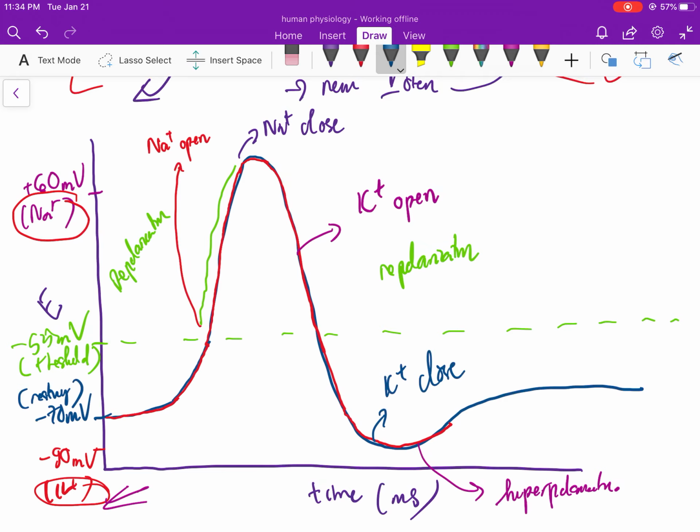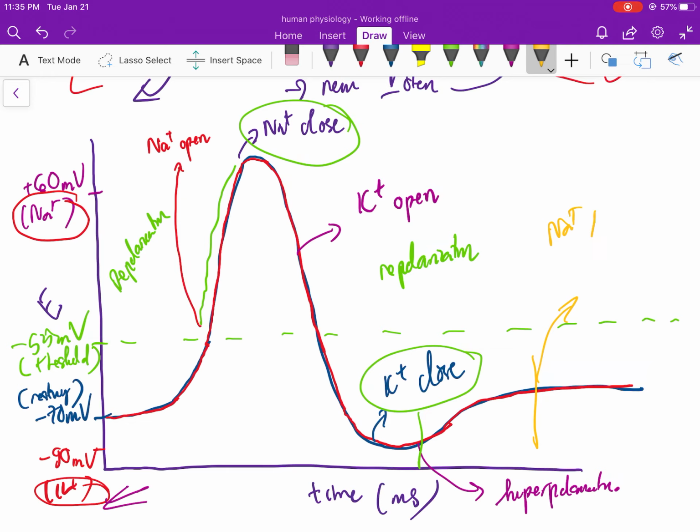So after hyperpolarization, we have our Na plus, our sodium voltage gated channel closed, and also our potassium voltage gated channel closed. And when it goes back up to the resting membrane, in order to bring it back like this, we will need the activity of the Na plus, K plus ATPase to bring this back up.